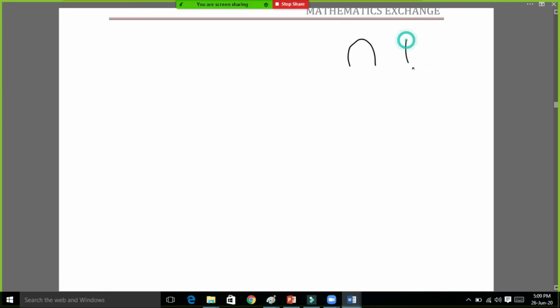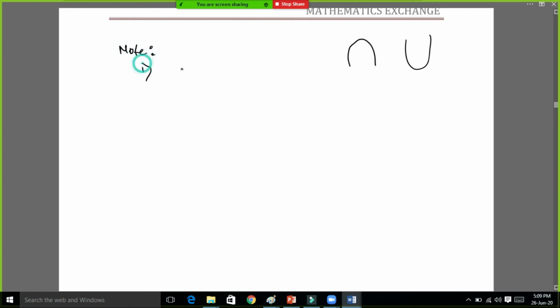This curve is known as parabola. I told you that this parabola curve may open upward or downward. Whether it opens upward or downward depends upon the value of A. Remember, this is a note.